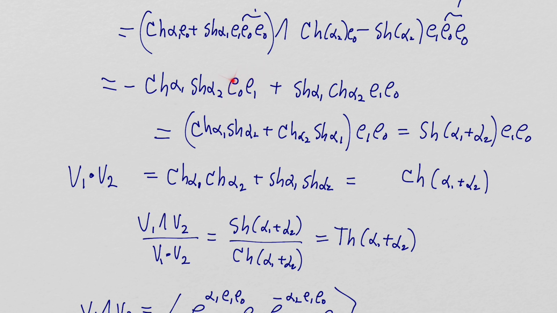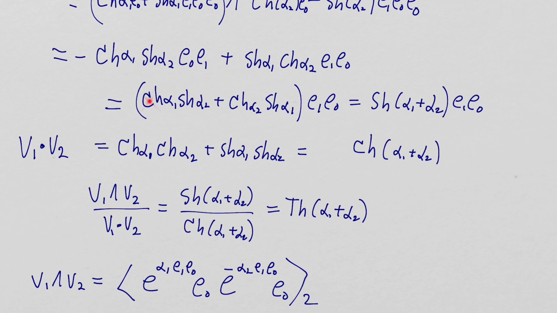And then we're going to flip these signs. So we're going to flip the order of the E0 and E1, and we're going to lose the minus sign, and we're going to get the hyperbolic cosine of alpha 1 times hyperbolic sine of alpha 2, plus hyperbolic cosine of alpha 2 times hyperbolic sine of alpha 1. And we know this hyperbolic trigonometric relationship, that this is just the angle sum formula for hyperbolics.